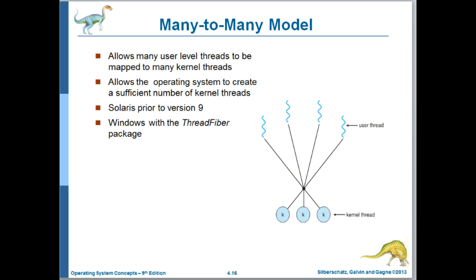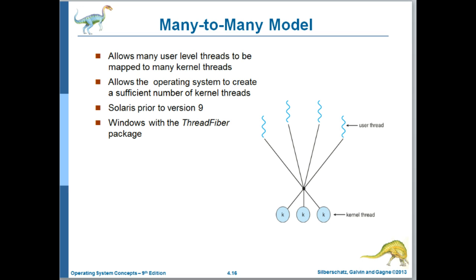And then finally, we have the many-to-many model here, in which we have many user threads that are mapped onto many kernel threads, and the user threads are multiplexed among the kernel threads, and a user thread could potentially move from kernel thread to kernel thread.